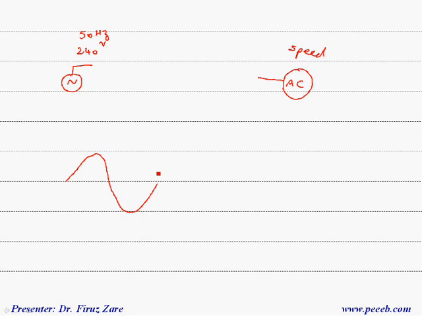One possibility to control the speed is using an AC-AC converter based on thyristor or SCR.